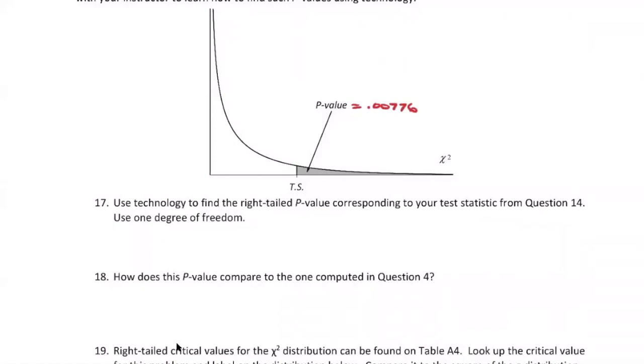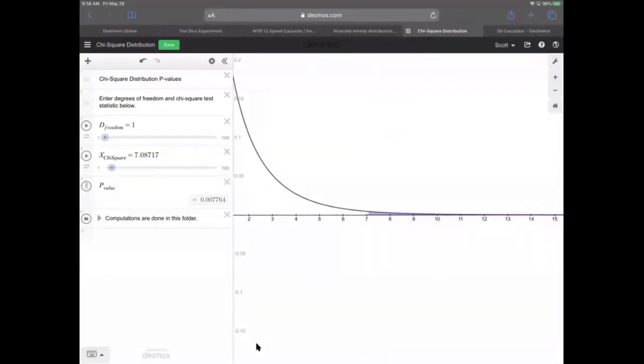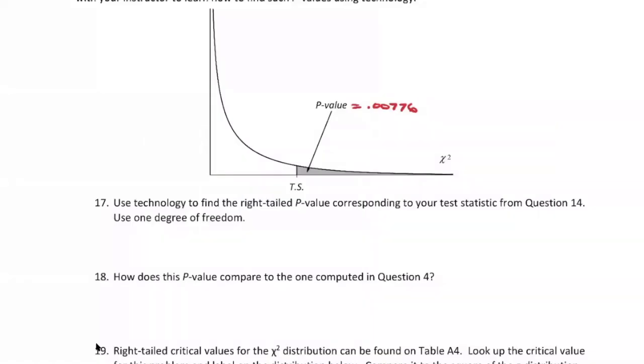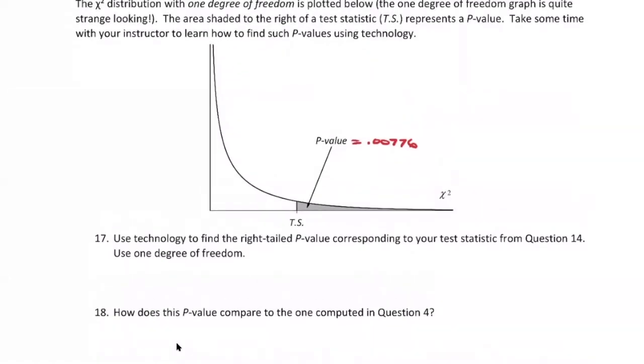Okay. So that's our p-value. And so I'll just make a note here. This will be a chi-square p-value calculator on Desmos. Sorry, well, I'll put a link to it on Canvas, so you can use my little page for that.